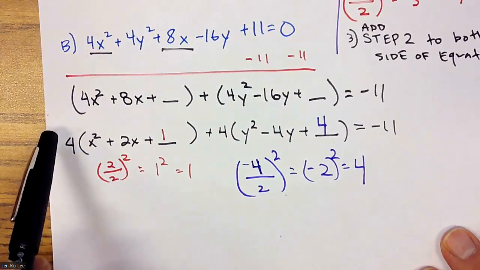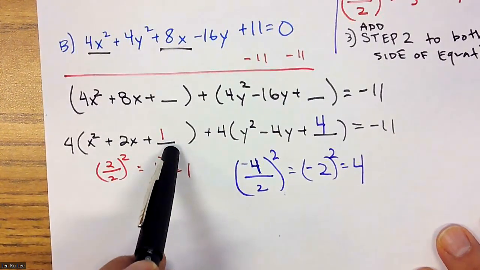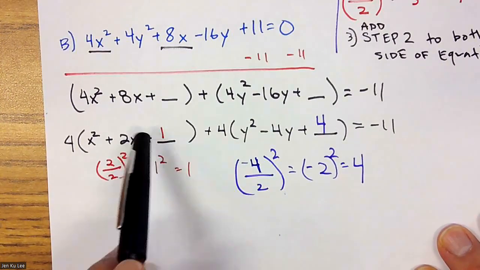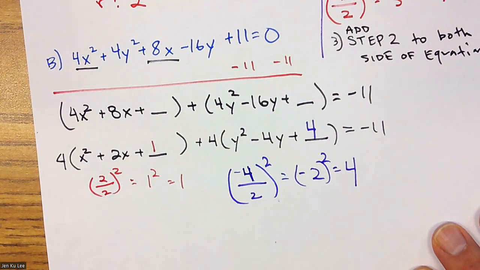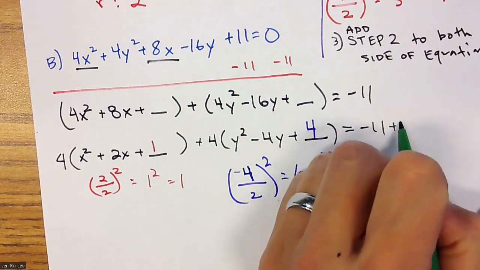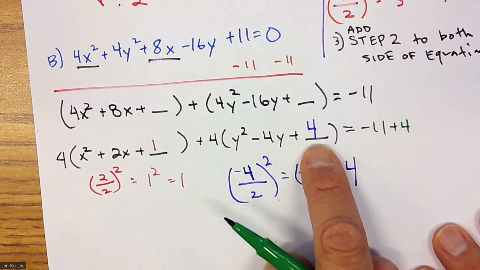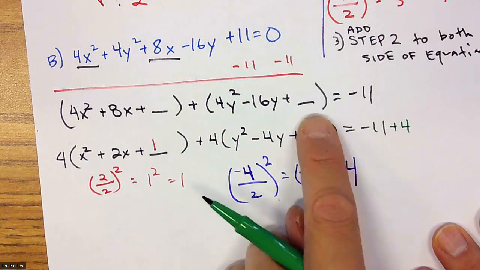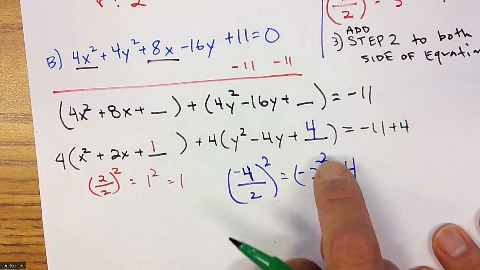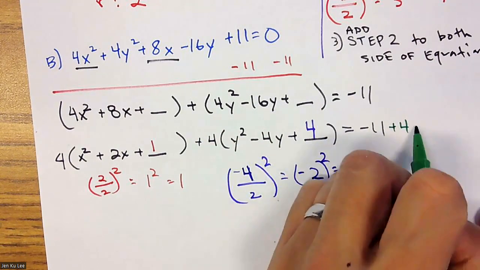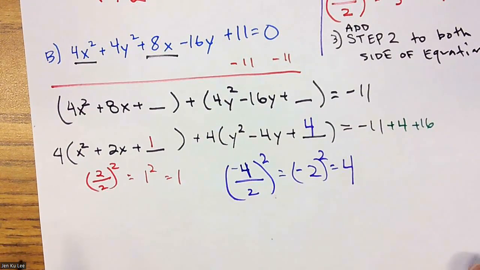So if I plug this 4 back in, I'm going to get a 4 for my constant here, right? So I added a value of 4. Does that make sense? Yeah. So if I add a 4 inside my parentheses here, I'm adding a value of what? 16. So I'm going to add 16. That makes sense? Yeah.